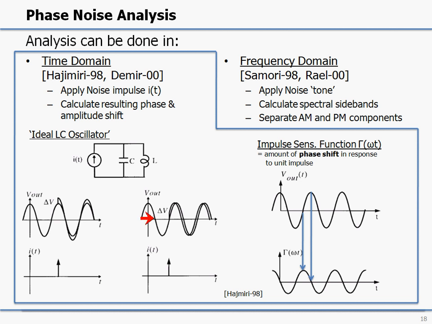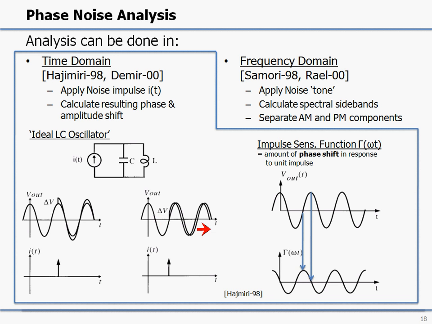However, when we inject the current at the zero crossing of the voltage, we basically did not inject any energy into the oscillator, which means that we cannot change its amplitude, and it turns out we can only move the waveform back and forth, or we basically only introduce phase shifts. So we see here that we have a system that, depending on when the current pulse is injected, we will get a different response.